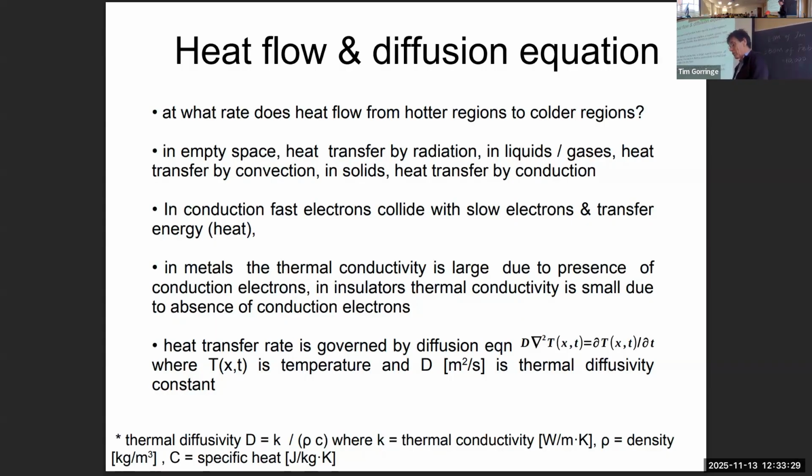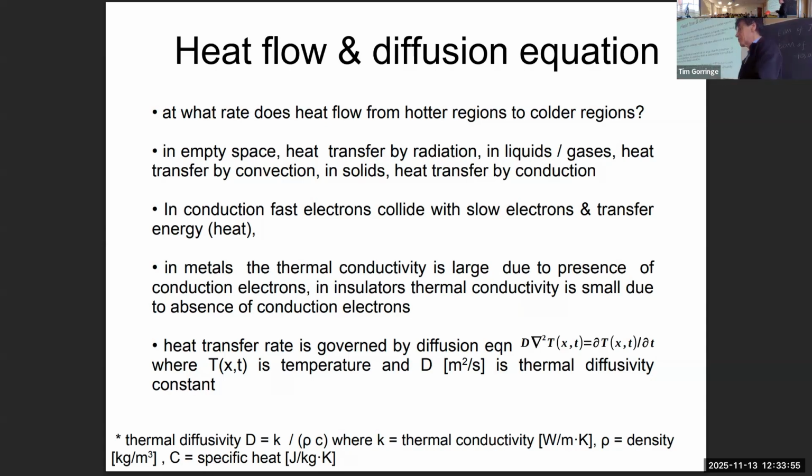Heat flows by various mechanisms. In vacuum, heat flows only by radiation. In a gas, heat flows predominantly by convection, like in the atmosphere. Or in the oceans, convection is an important part of heat flow.